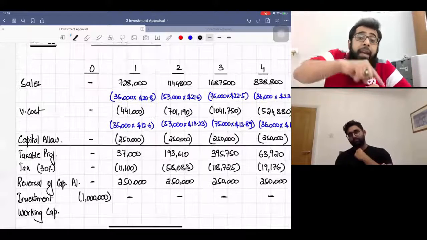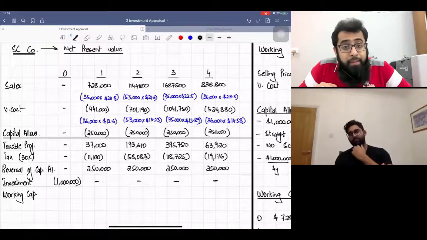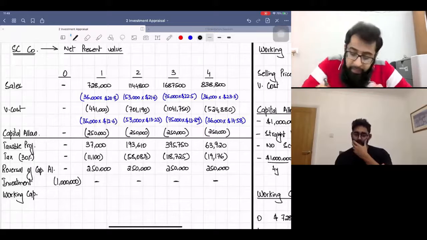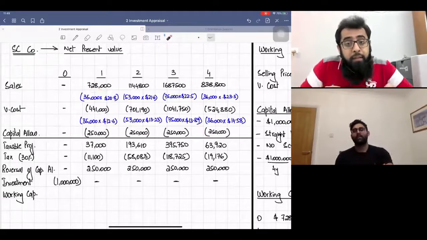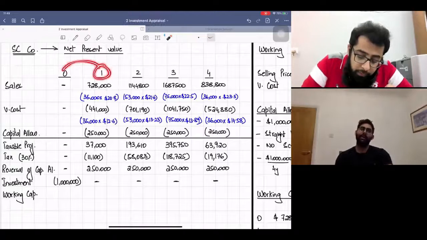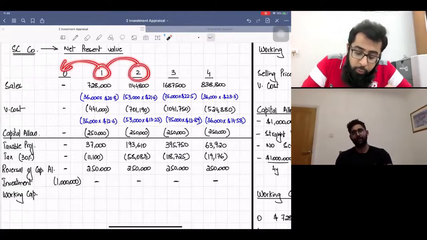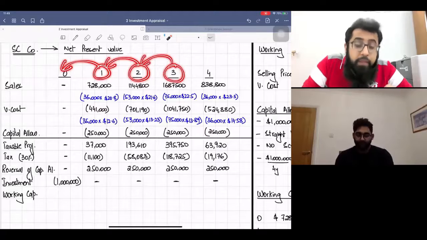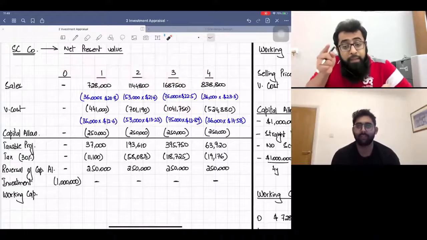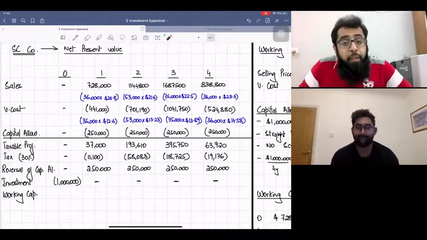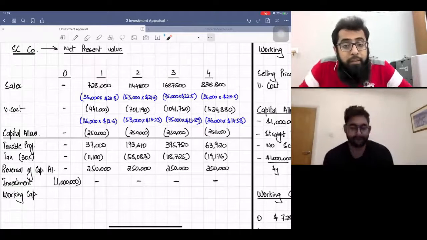Start of year means end of previous year. You didn't get the point? Start of year 1 means year 0. Start of year 2 means year 1. Start of year 3 means year 2. Start of year 4 means year 3. We will show that cash flow in the previous year.